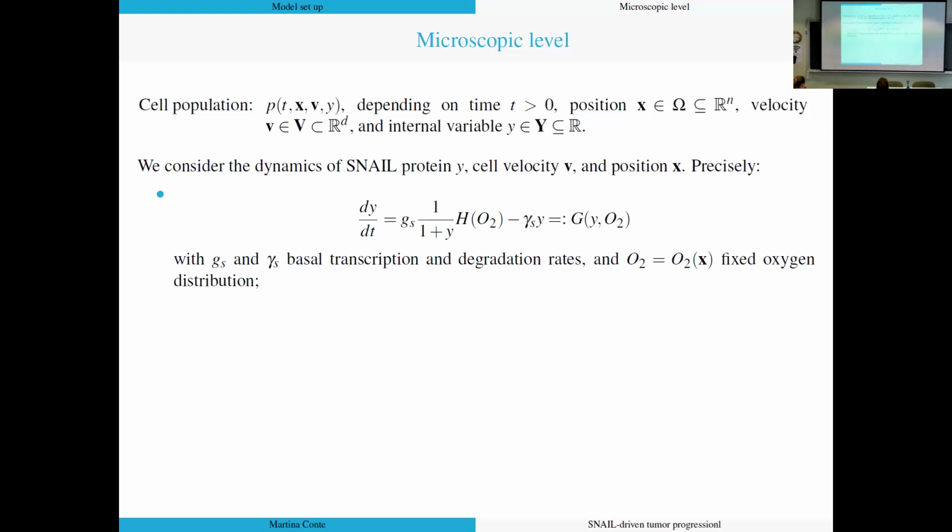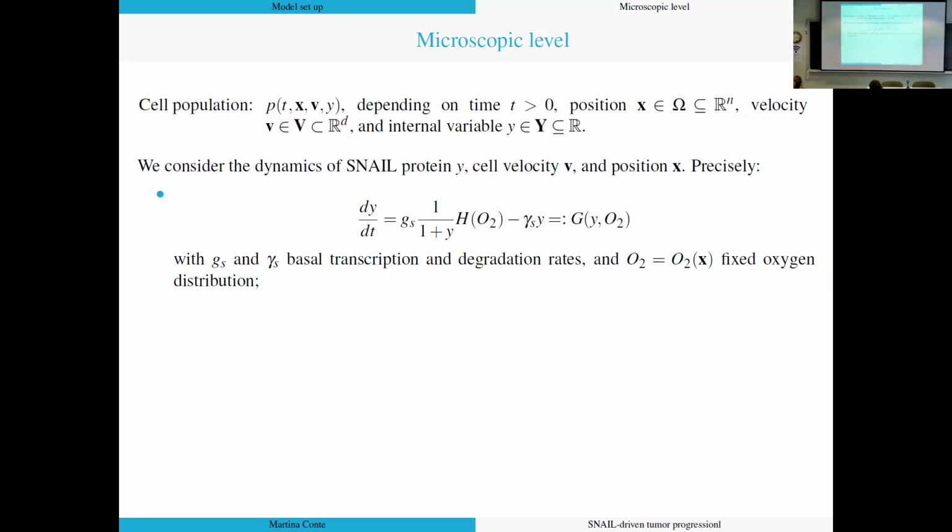For Y, our snail expression, what we model is basically a production of the protein that depends on a self-inhibitory mechanism, because snail inhibits itself, and it also depends on this function H of the oxygen. So the oxygen level influences the amount of protein produced by the cells, and in particular, as we said before, the higher the oxygen, the lower the snail.